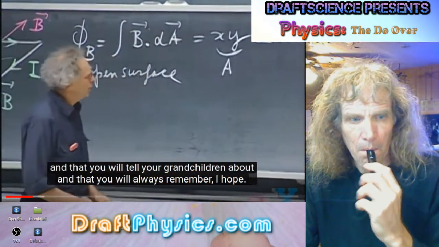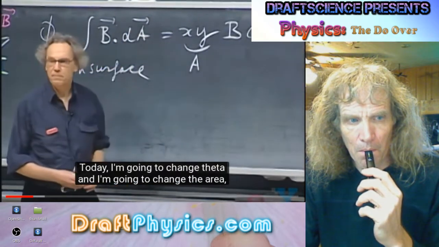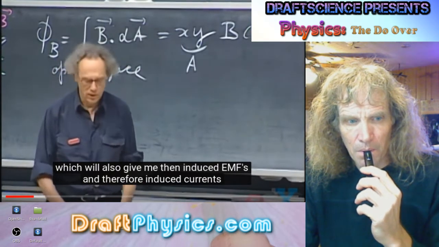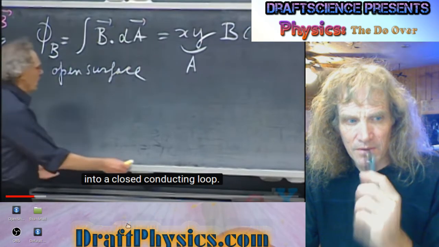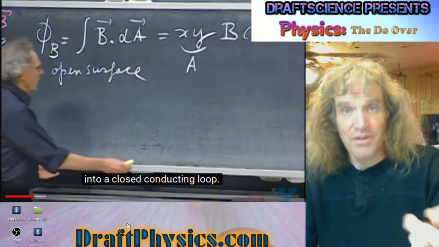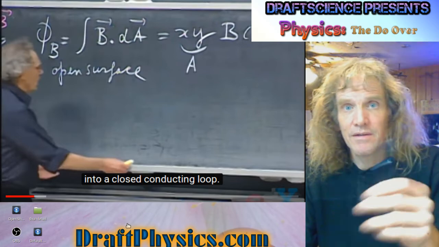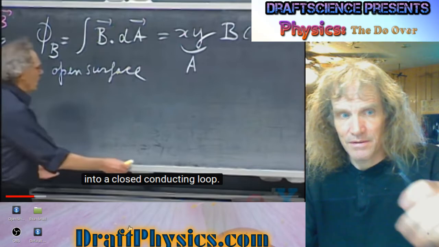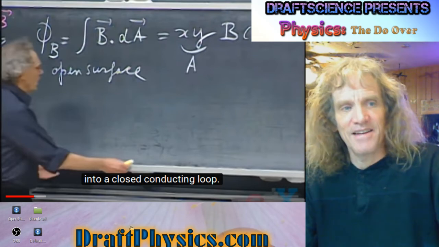Today, I'm going to change theta, and I'm going to change the area, which will also give me induced EMFs, and therefore induced currents into a closed conducting loop. So again, the argument that you need a current, you can use it in the sense that you can just pretend this is all caused by currents. So you can mislabel the cause, and the mathematics will still work because there's a proportional relationship between that fake cause and the field effect.